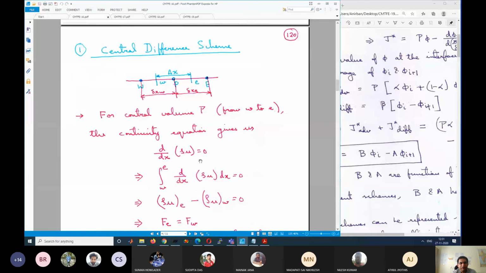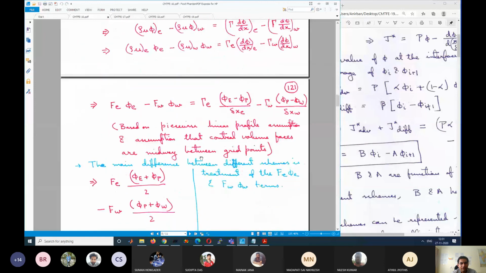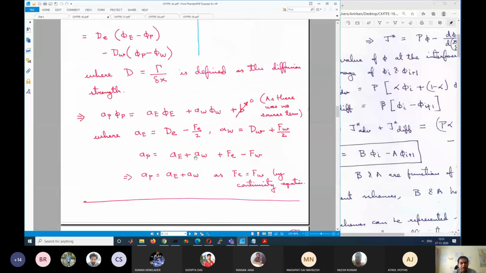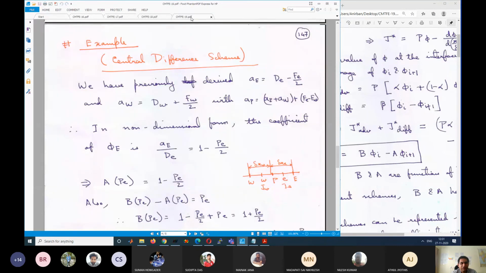Ultimately we derived that A_E is D_E minus F_E by 2, A_W is D_W plus F_W by 2, and A_P is equal to A_E plus A_W plus F_E minus F_W.